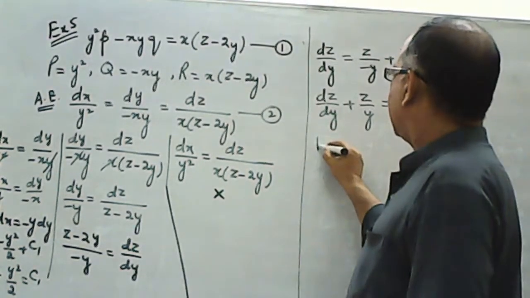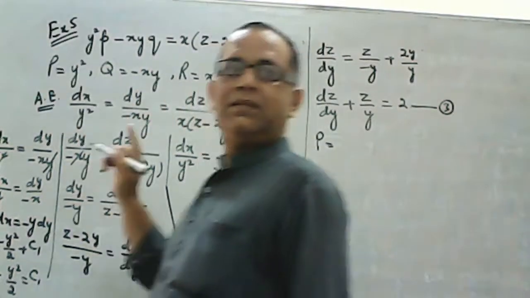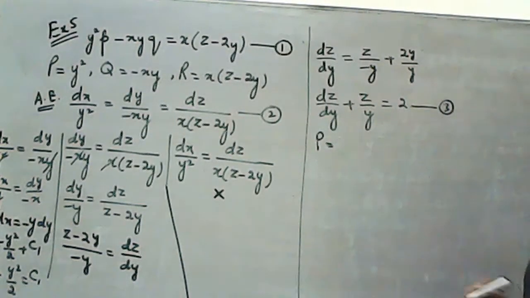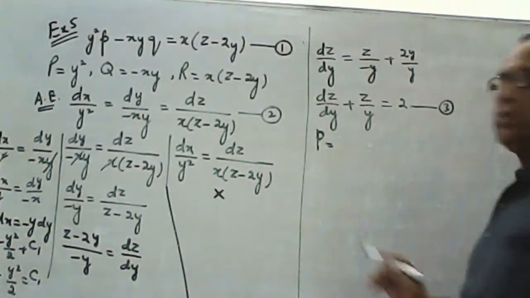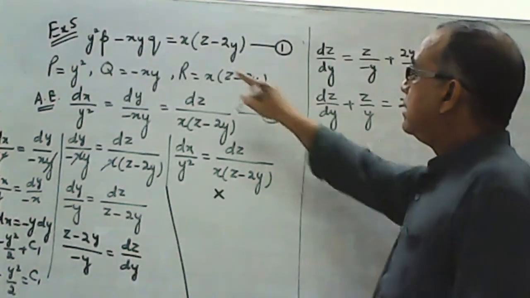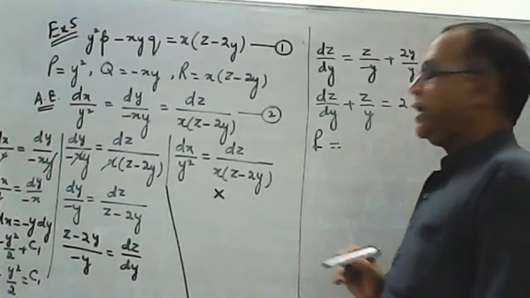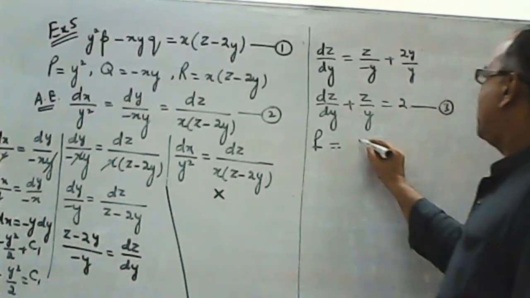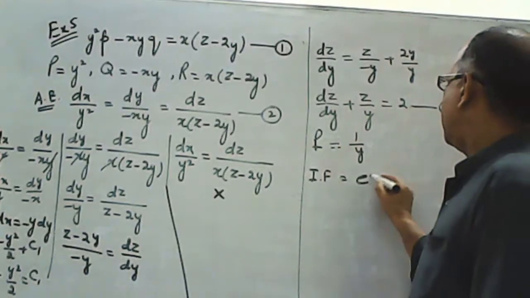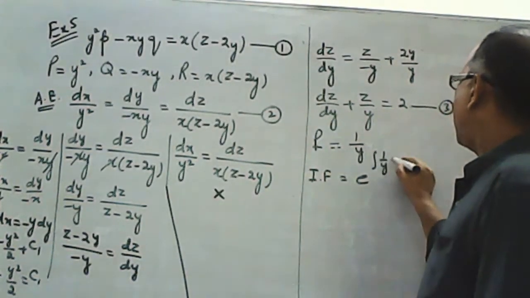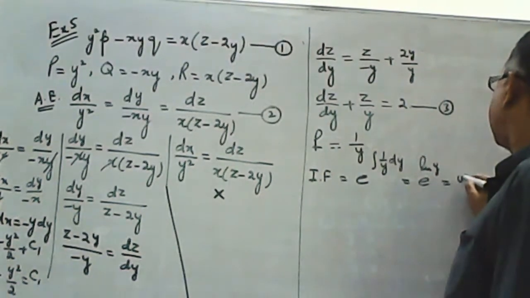So this is, let's say, equation number 3. Here P is not the one belonging to the integrating factor, and small p represents the derivative, so let me write p in this way: p is equal to 1 over y. Now finding the integrating factor, it is equal to e to the power integral 1 upon y dy, meaning e to the power log of y, which means y.